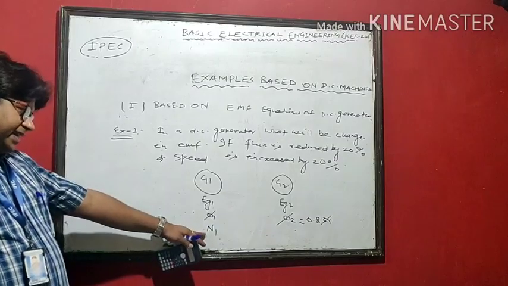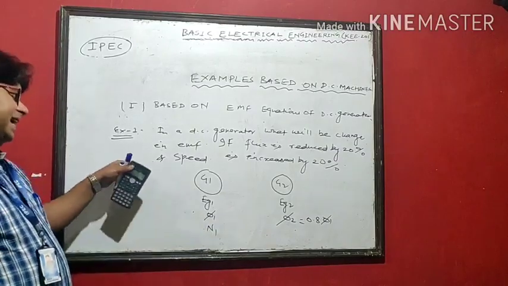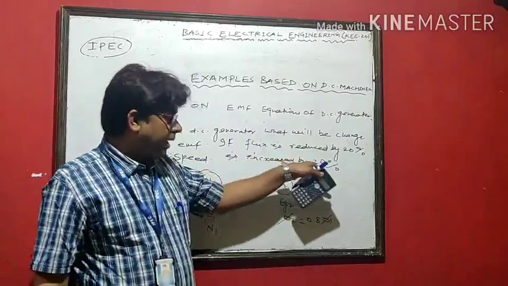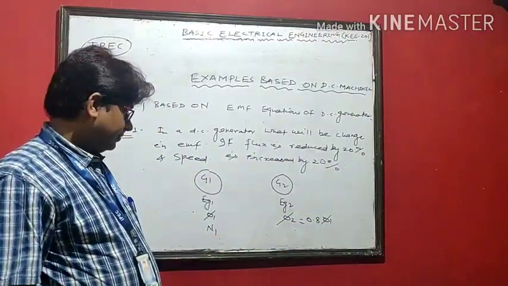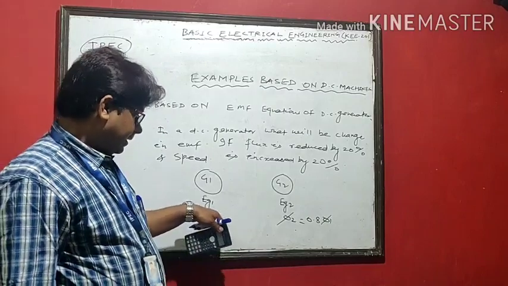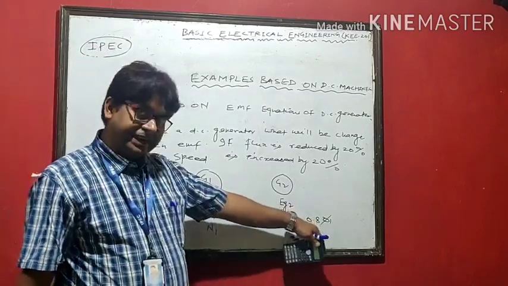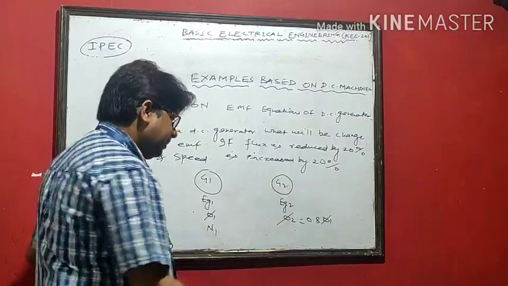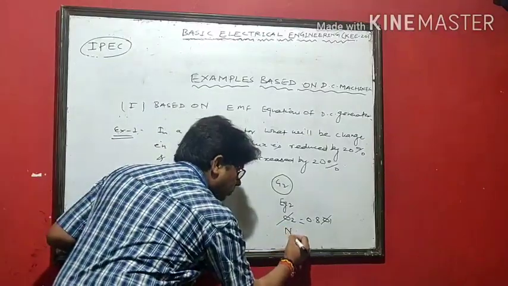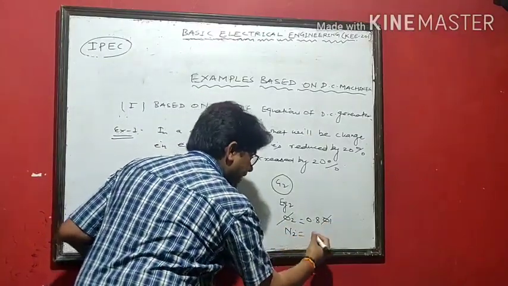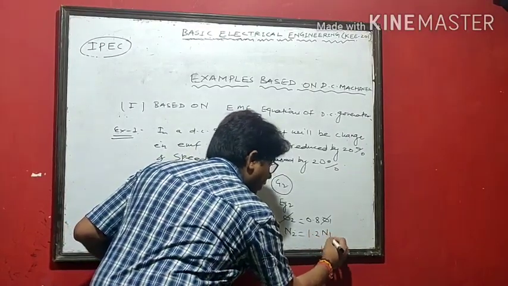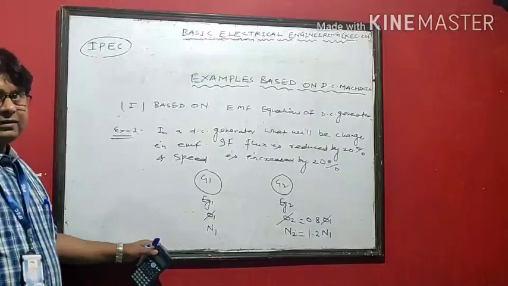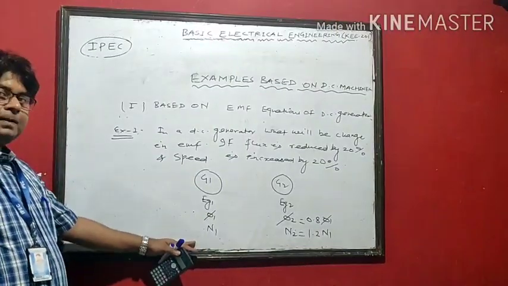When speed is taken as 100%, increased by 20% it is 120, so speed n2 is 1.2 of N1, the first machine.